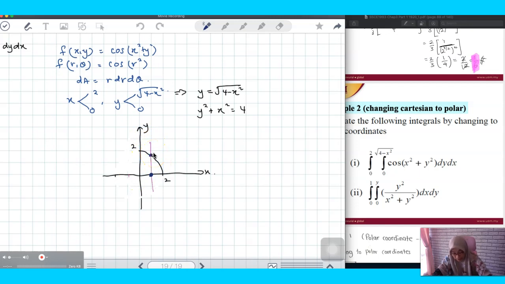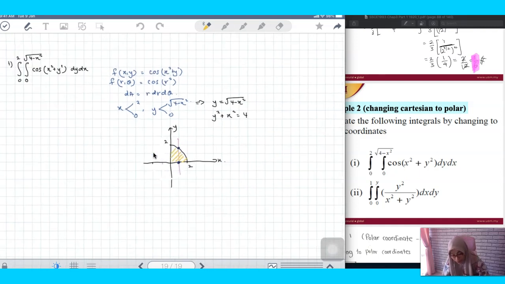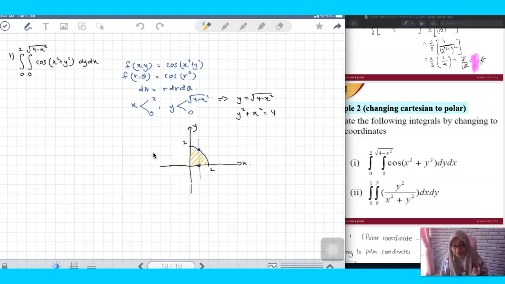So that means your region that you need to shade is this one. So that is your region. Your region is just part of the circle on the first quadrant. So now we know that we already got the region R.